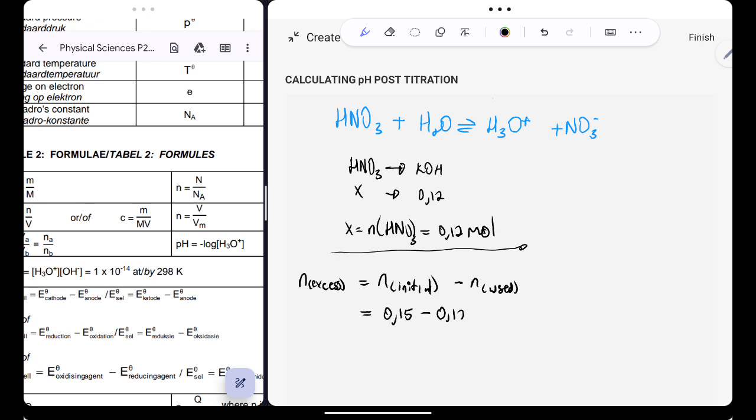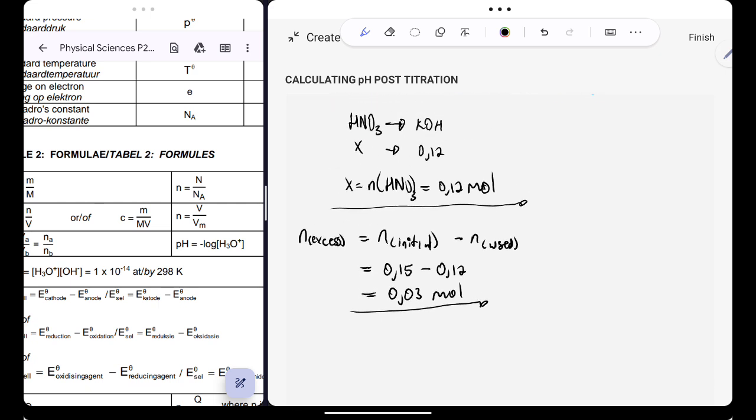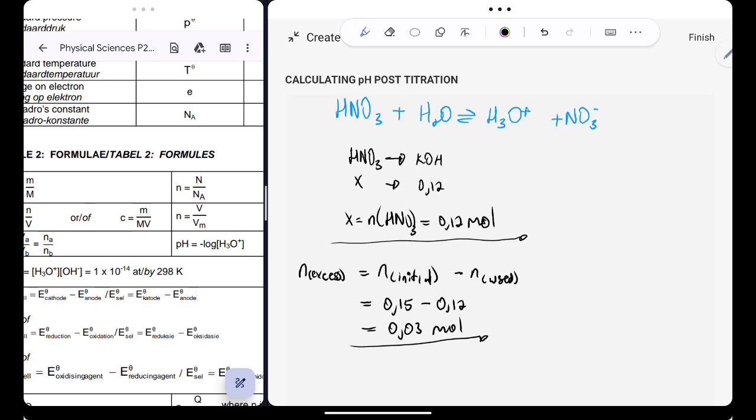I've only used 0.12. So the difference between the two will give me 0.03 moles. Are you together? So I now know that the number of moles of my acid, the nitric acid in excess, is simply 0.03.